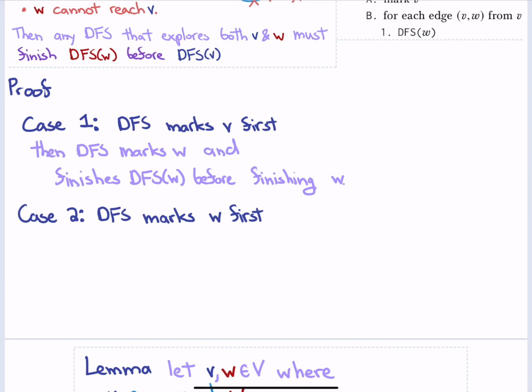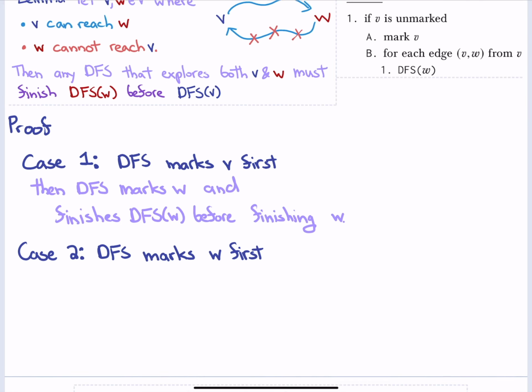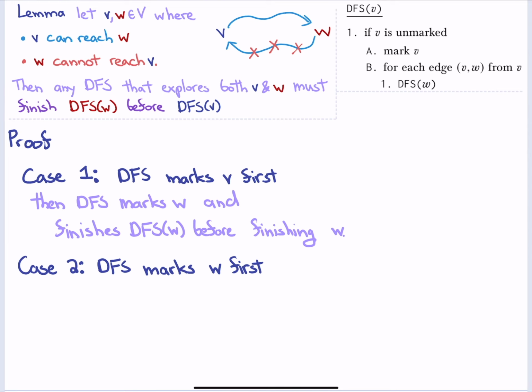So this is case 2. Wait, sorry. It's a bit of an odd statement because maybe this is so obvious to so many people. The claim is that suppose you're running some depth first search, you started from some other S, and suppose it eventually marks V and W in some order, and suppose it marks V first.